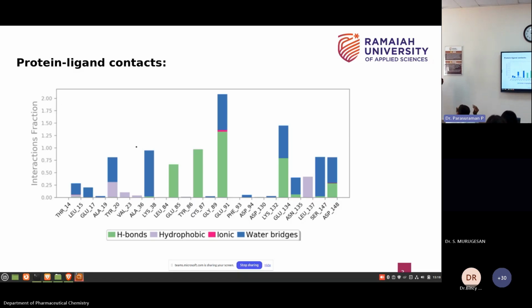It will be mixed. I generally consider the hydrogen bond as stronger when compared to hydrophobic, ionic, and water bridges, because during the simulation, the hydrogen bond will be maximally stable when compared to other interactions.